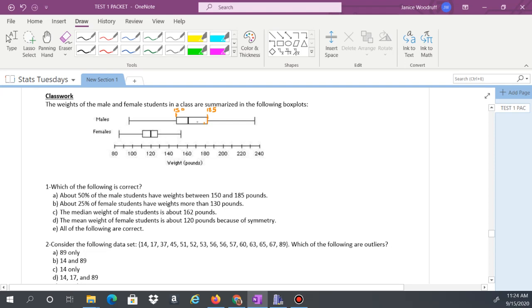What does the interquartile range represent? Right, which is the 75th percentile minus the 25th percentile, which is the middle 50%. So that is correct. That's 150 to 185. Okay, that's the middle 50%. This box is the middle 50% of your data.